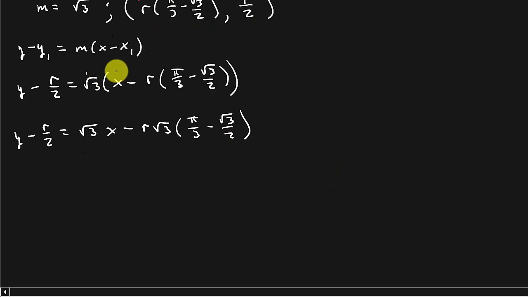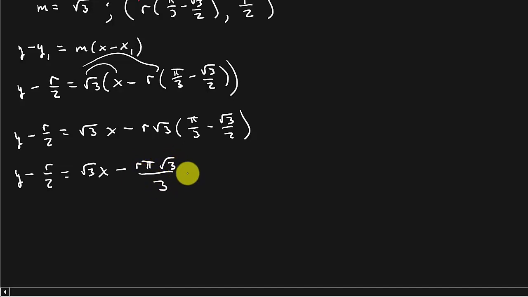I just distributed that square root of 3, and now I'm going to distribute this to each one. So y minus R over 2 equals square root of 3 x, minus R pi square root of 3 over 3, minus, what is that, 3/2? Is that 3/2 R, I believe?